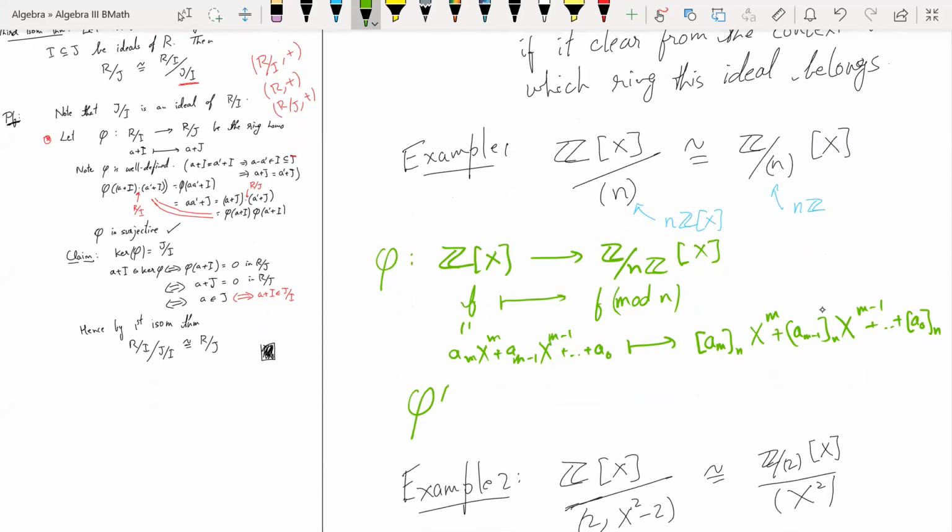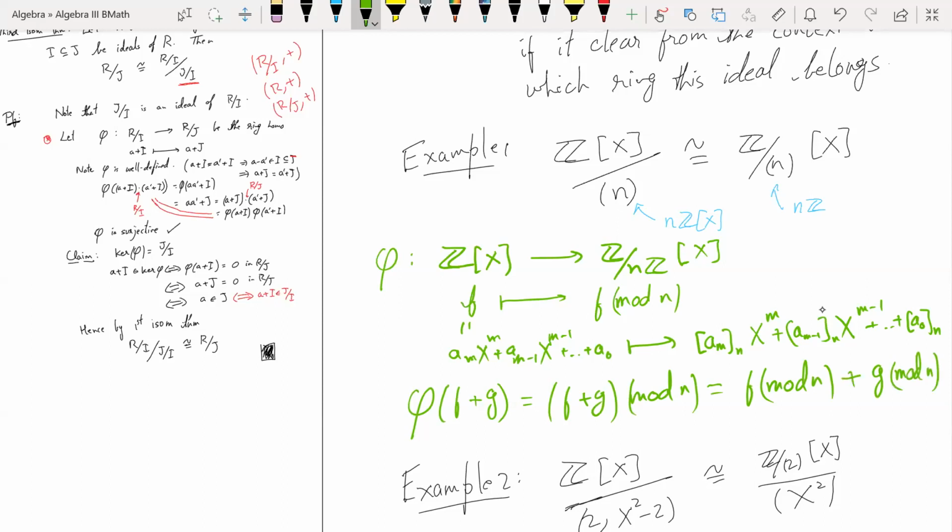So phi of f plus g is by definition f plus g mod n. So f plus g is a polynomial and you take each coefficient mod n, but this is the same as first taking mod n of each coefficient of f, then taking mod n of each coefficient of g, and then adding them. So the answers will be the same.